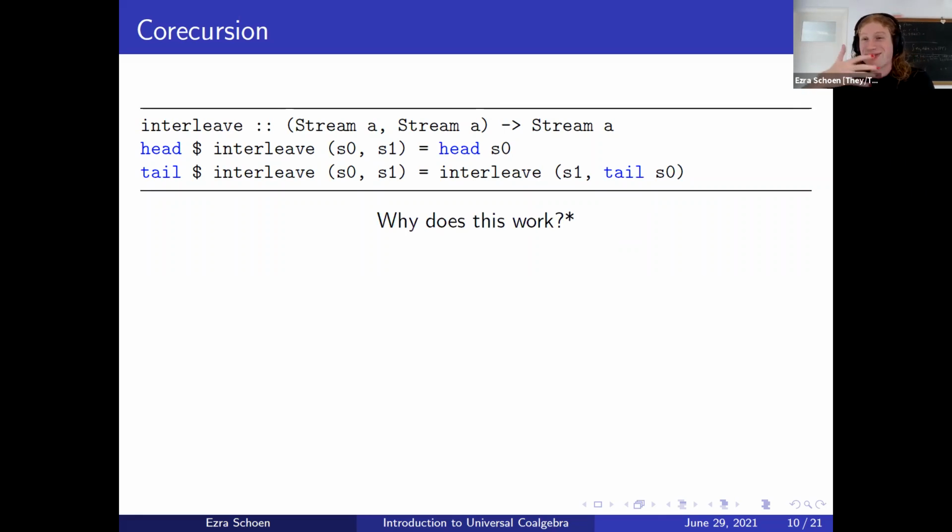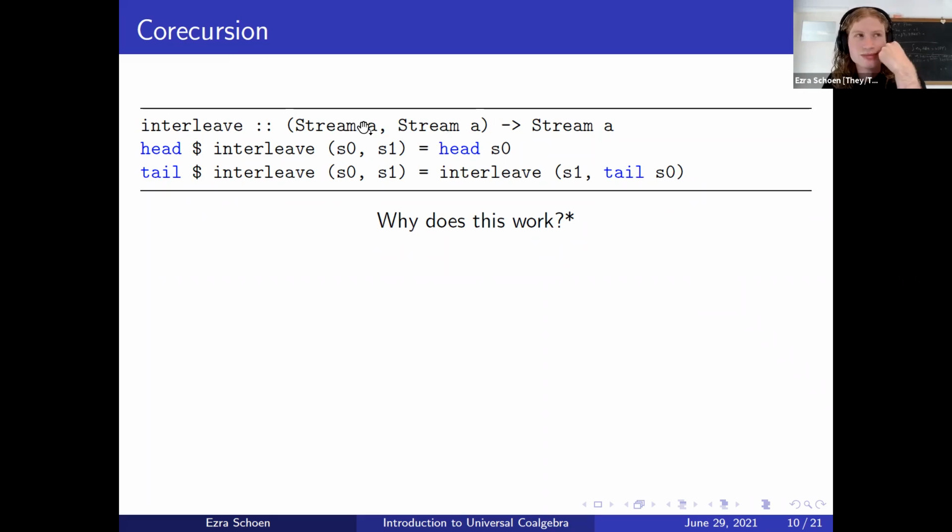Okay, but why is this a definition? That's maybe the important question, because these kind of look like properties that you want interleave to have, but I'm saying that it's a definition. Now, I've made this to look kind of like Haskell, but it's not Haskell unless you define your own syntax for streams.